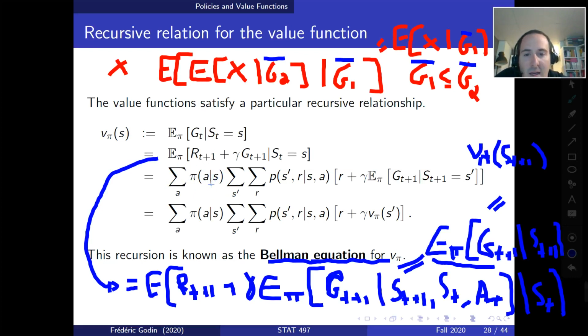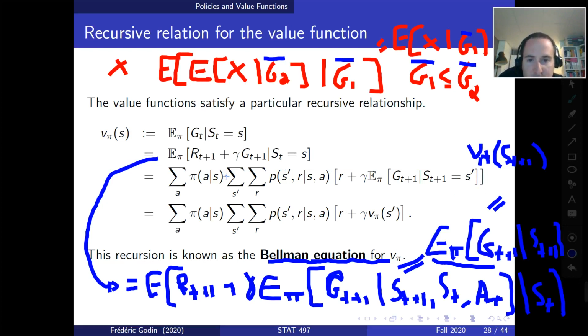Once you take an action, you end up in the next state S prime, and you obtain a reward R. So you have to calculate all the possibilities of the next state S prime and the next reward R, and then we calculate the expectation of the reward R plus gamma times, as we mentioned, due to the double expectation theorem, the expected value of the gain at the next state S prime.